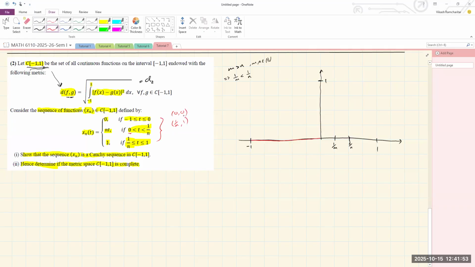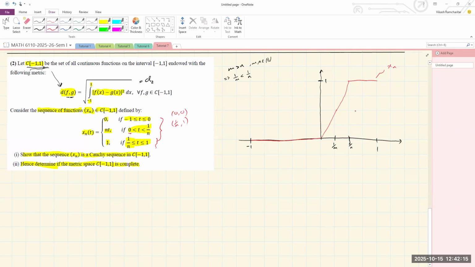To draw the line, we just connect those two points. So 1 over n, 1 is this guy up here, and I'm going to connect these two points. That should be a straight line. And from 1 over n to 1, it's just constant, 1. So this guy here is xn.